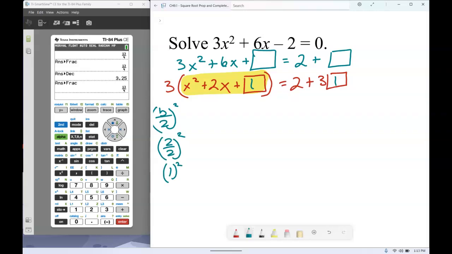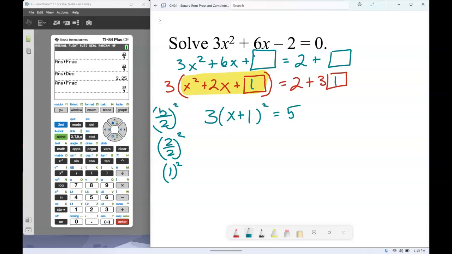Then to factor it on the left, we still have that 3. Still going to have a binomial squared. x squared plus 2x plus 1 factors to be what? And then the right-hand side simplifies to what? To 5. So we've completed the square.